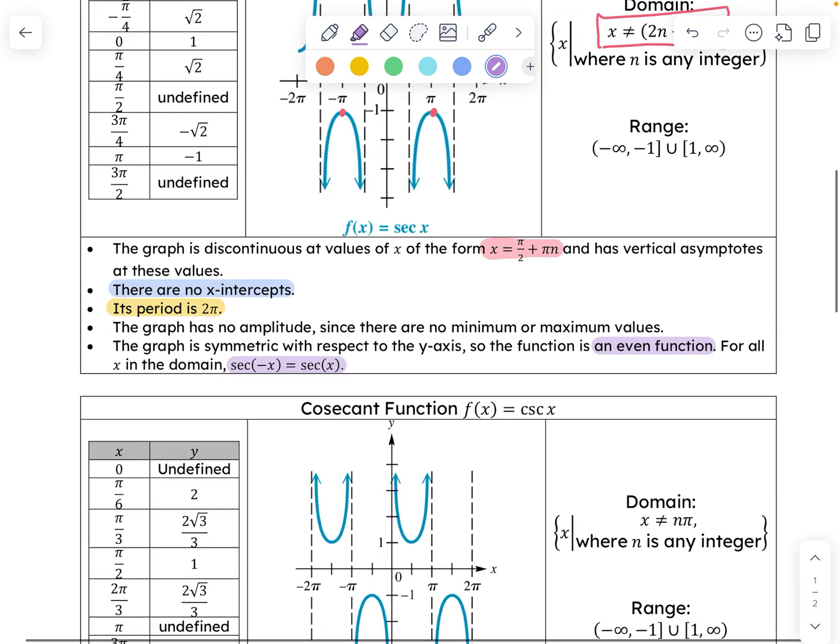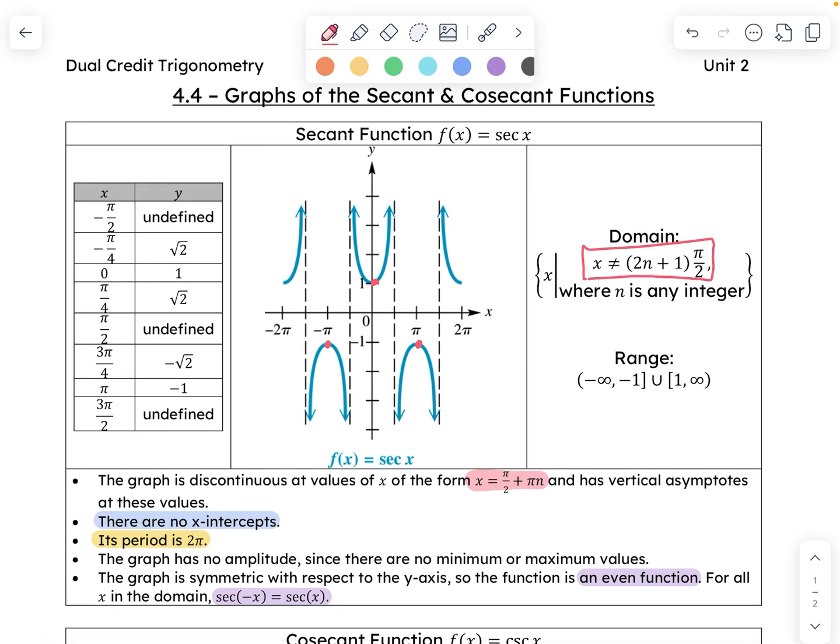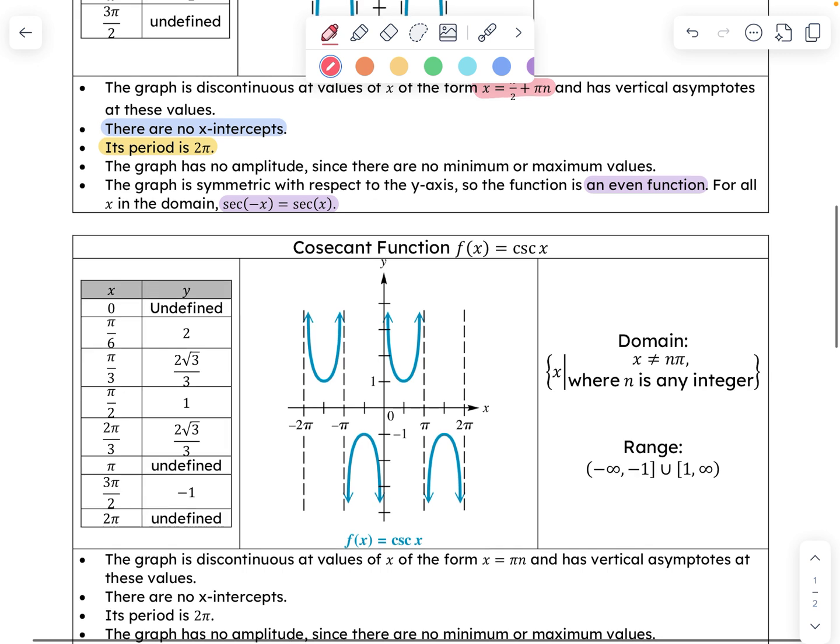If I look at my secant function, you can tell that at x equals 0, we have a point (0, 1). And then when we come down to our cosecant function, at x equals 0, we have an asymptote instead. So that's a nice way to help tell them apart.